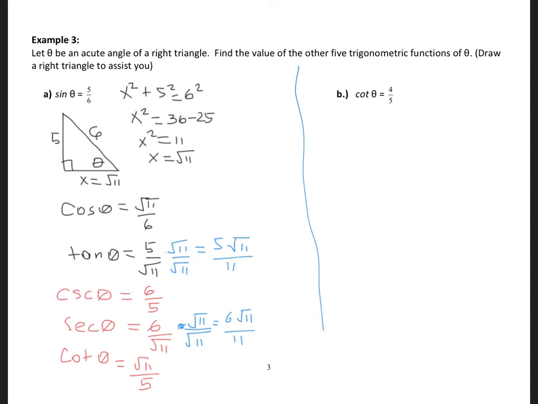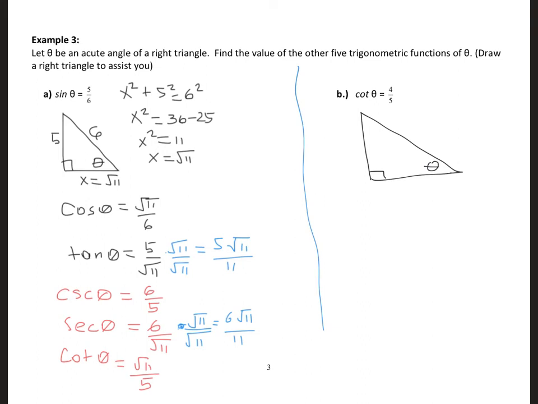Let's do this other one here. You are given a triangle, and you are given the cotangent value. Remember, cotangent is not opposite over adjacent, but adjacent over opposite.